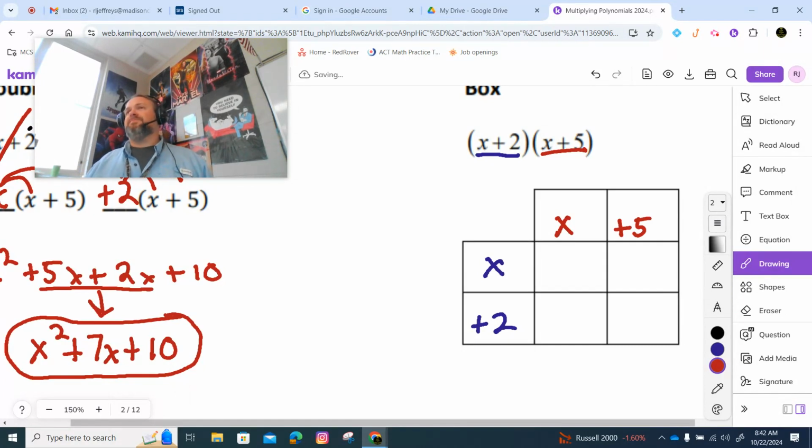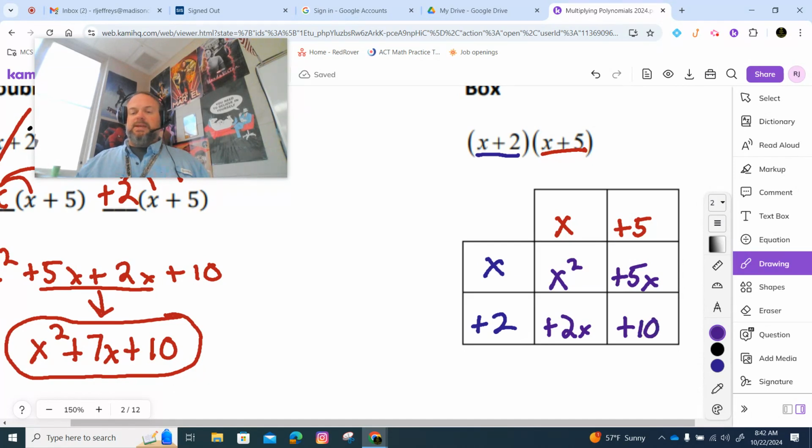Okay, now, what happens is when you put them in these boxes, where they meet, that's where you combine them. Okay, like here should be the product of x times x. So this would be x squared. This would be 5x. This would be 2x.